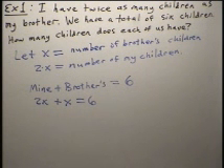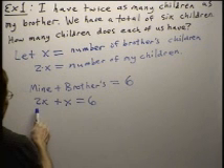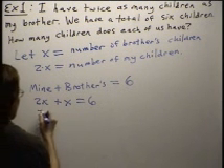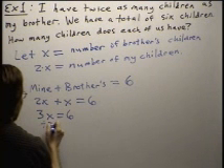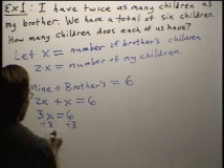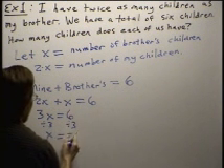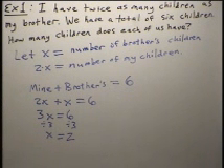The next step, of course, is to solve the equation. We can simplify. 2x plus x is 3x, and then divide by 3. And we get that x equals 2.